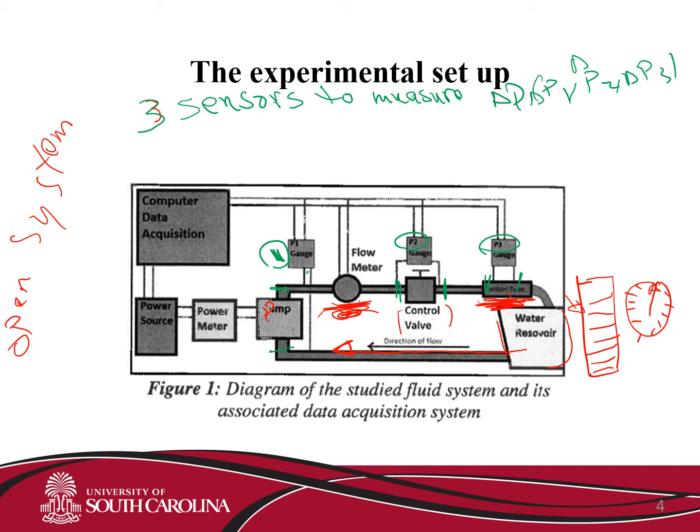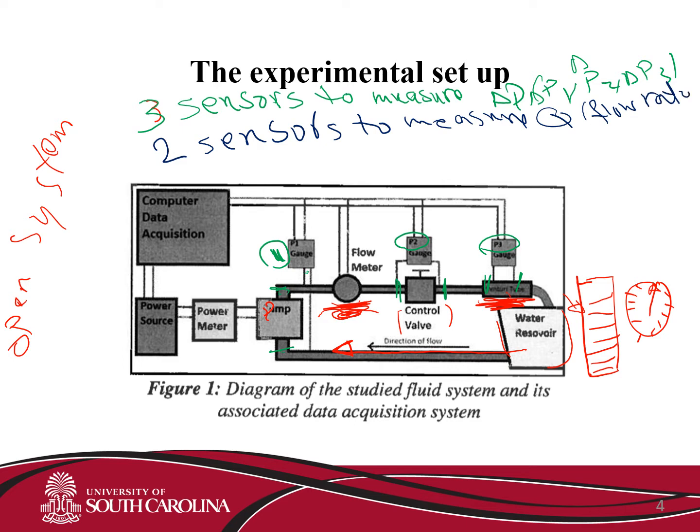And two sensors are used to measure flow rate, Q, in meter cubed per second, from the paddle wheel.